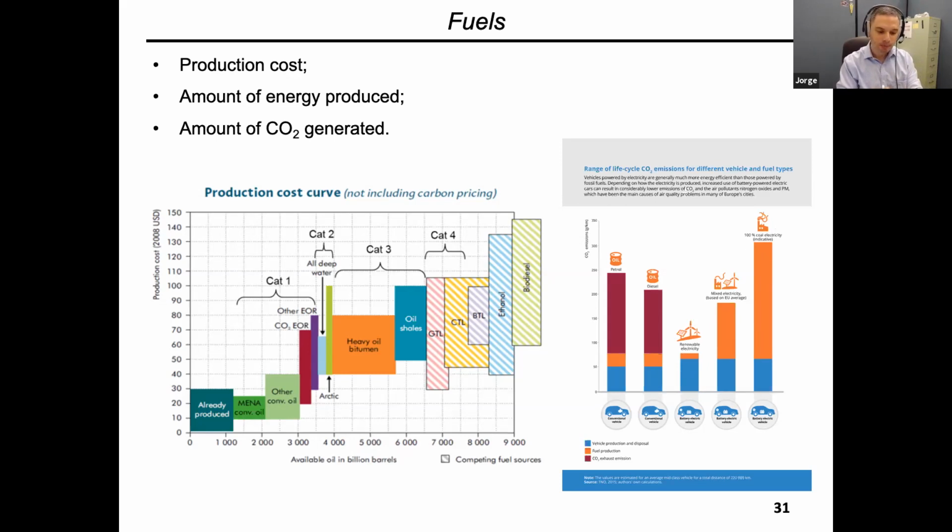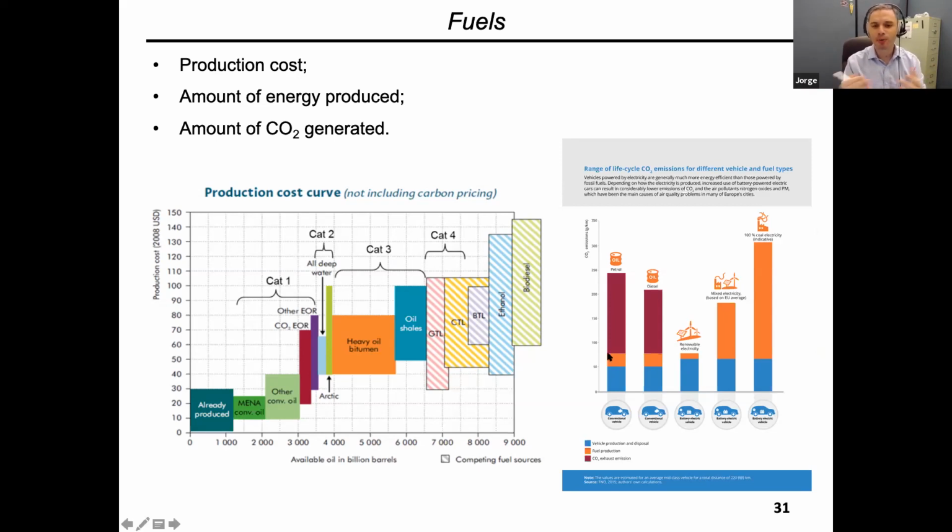However, we also need to think about what's being used to produce the electricity to charge the car. If we are using coal, that produces a huge amount of CO2. So it's smarter to move on to solar energy or wind energy when possible. Okay, so that will make a real impact.